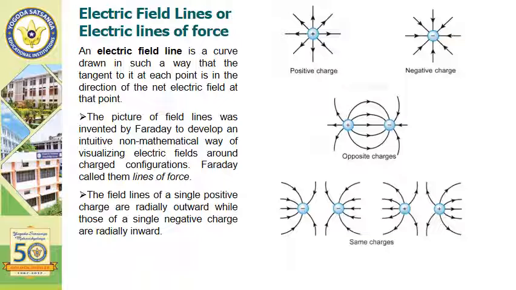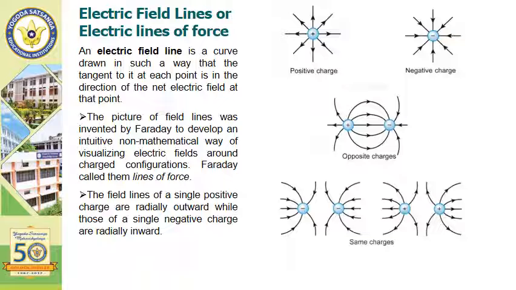But in the case of two charges which have different polarities, positive as well as negative, the electric field lines appear to start from the positive charge and end at the negative charge, but they never intersect each other.